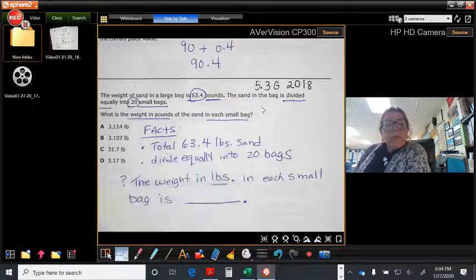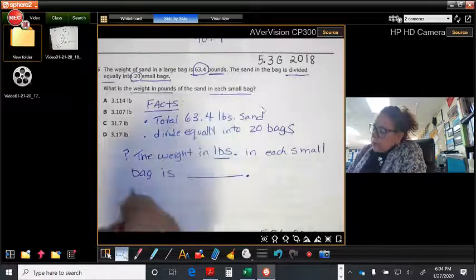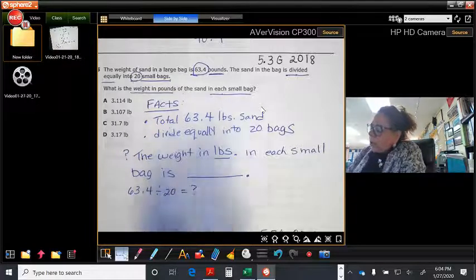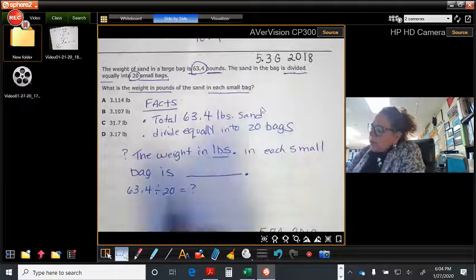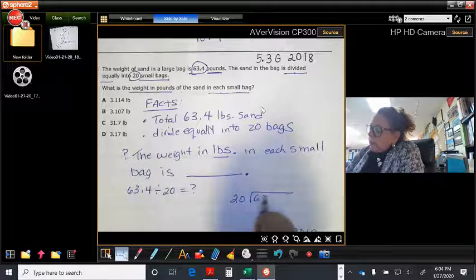Okay, so I'm going to move this here. My equation is going to be 63 4/10 divided by 20 equals question mark. So this is my divisor. 20 goes into 63 4/10.